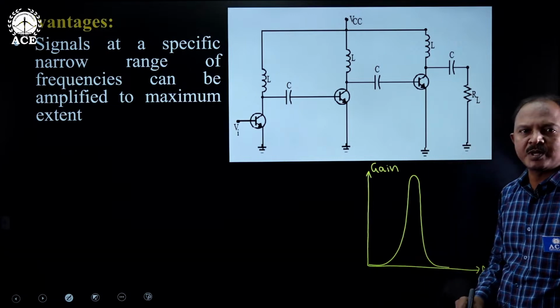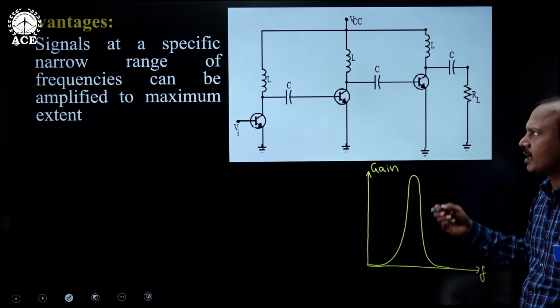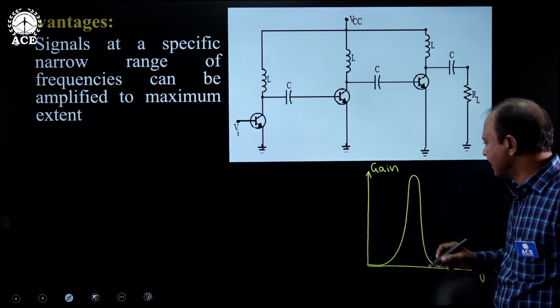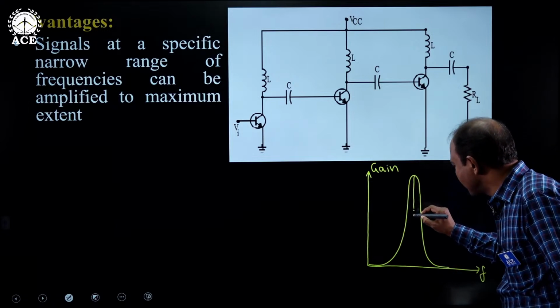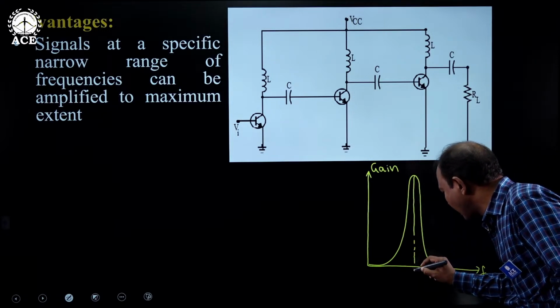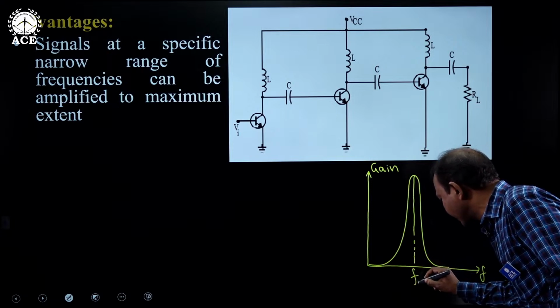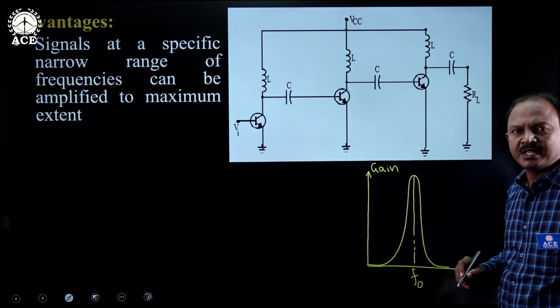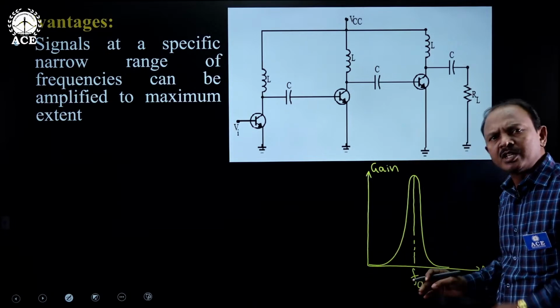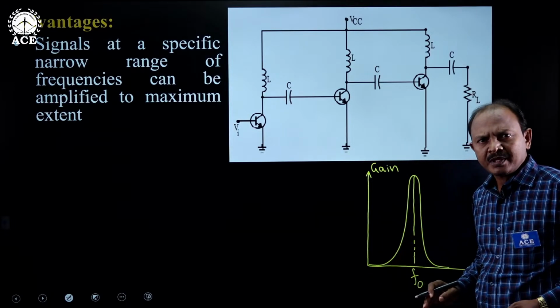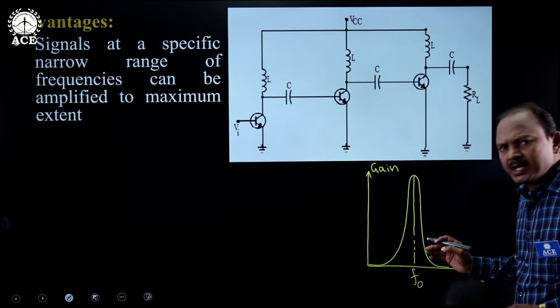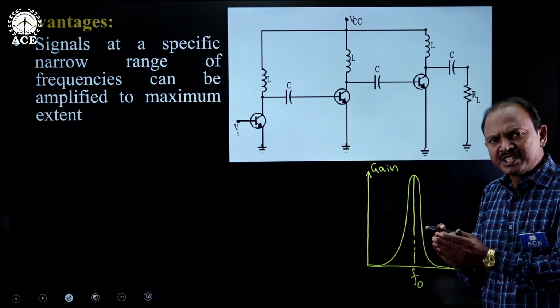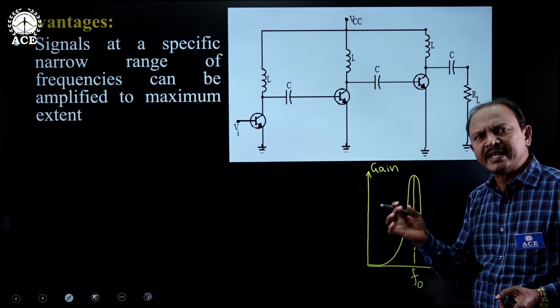This is the frequency response of an LC coupled or tuned circuit coupled amplifier, where signals at a specific frequency, popularly called the operating frequency, resonating frequency or central frequency, will be amplified to a maximum extent, and below that and above that, all the signals are rejected. So signals at a specific frequency or a very narrow range of frequencies only get amplified.